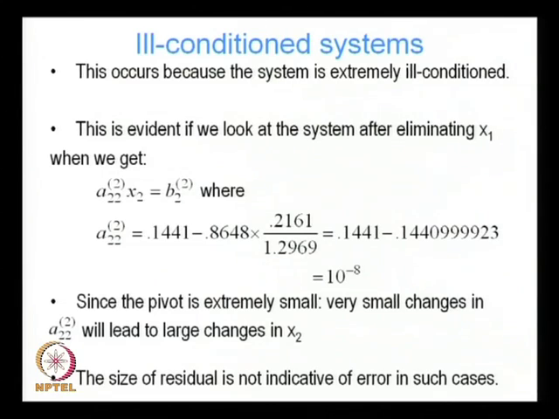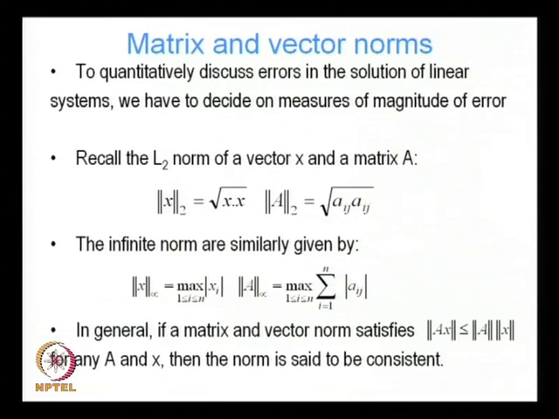So, for ill conditioned systems, the size of the residual is not indicative of the error at all. Therefore, we have to figure out some better way to find the norm of the error and then to bound the error, to decide what the possible bounds on those errors are.